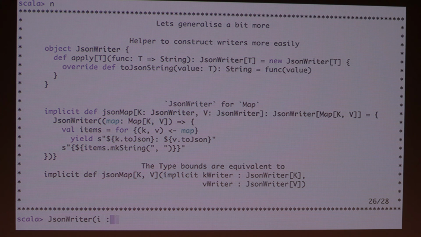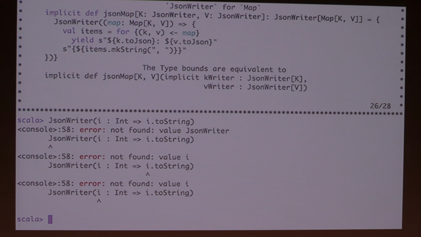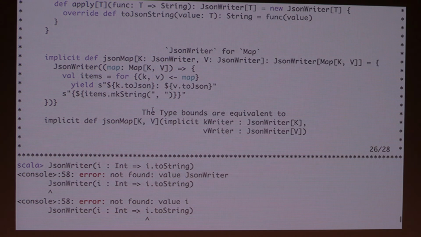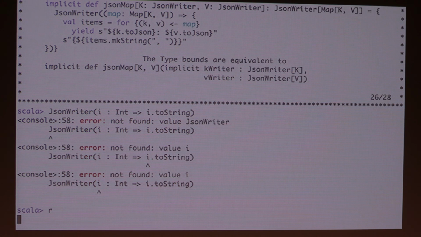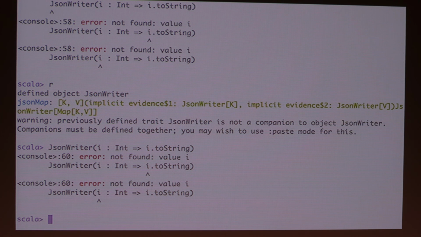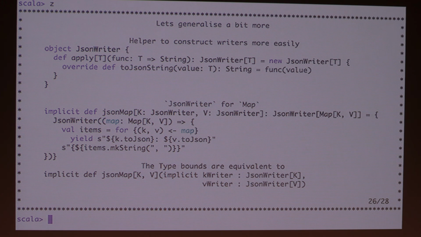I don't know, I type int to I2 string. So this is a perfectly valid JSON writer now if I would have evaluated the slide first. I don't know why this doesn't work, but it's not really relevant to the story.